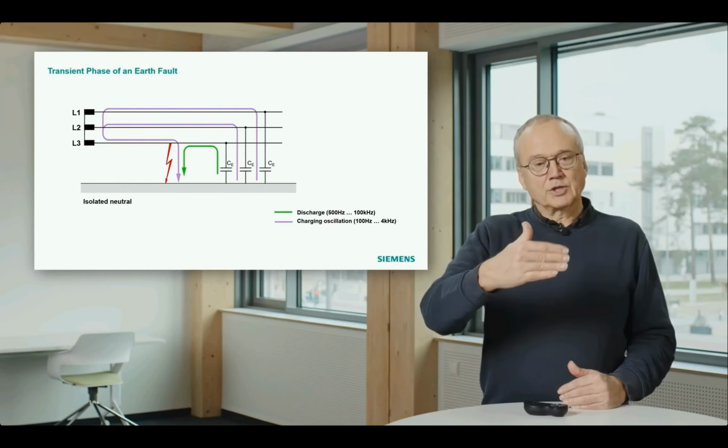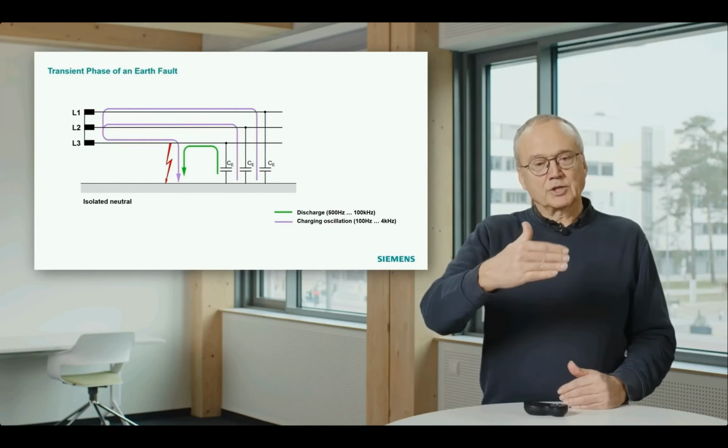If we now have an earth fault, here indicated with the red arrow, at that particular moment where the earth fault starts, in this case in phase L3, then the line capacity of phase L3 is discharged. Now remember what happens if you have a capacitor and discharge it, you get a high current peak.